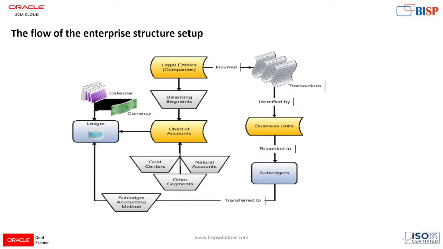A chart of accounts consists of segments, some of which are assigned a segment label such as cost center or primary balancing segment. The legal entities can be assigned primary balancing segment values. The legal entity identifies a recognized party with rights and responsibilities given by legislation, which has the right to own property and the responsibility to account for itself.